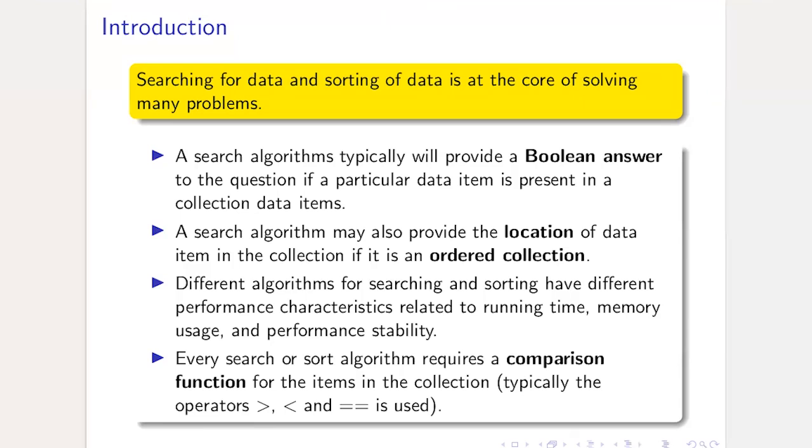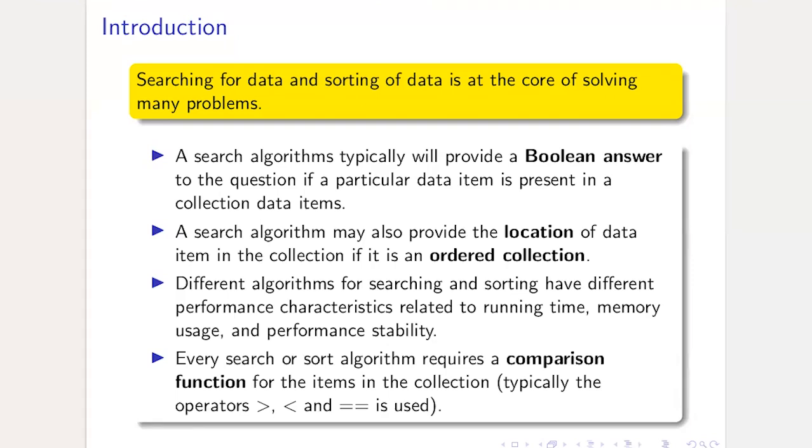These different algorithms have different operational characteristics in terms of the time it takes to give an answer, the amount of storage it uses while running, as well as how these performance measures, especially the time taken, behave.